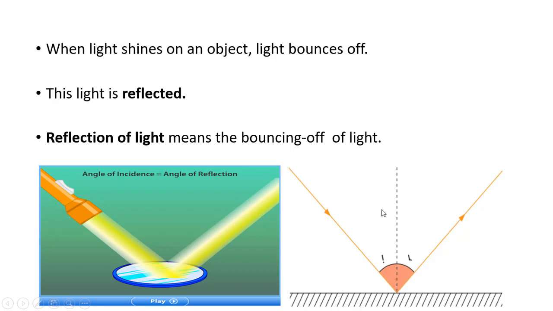Another interesting thing I want to talk about is that the angle formed by the incoming ray is equal to the angle formed by the reflected ray.